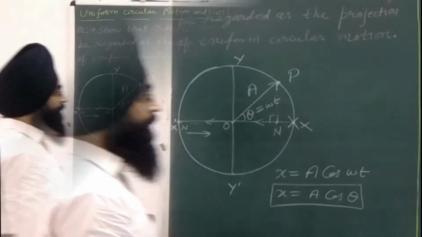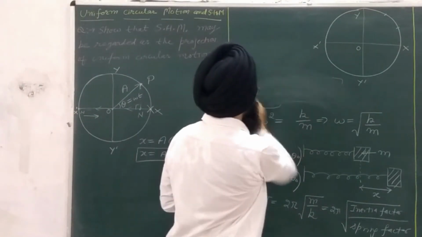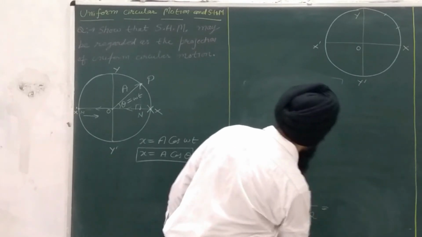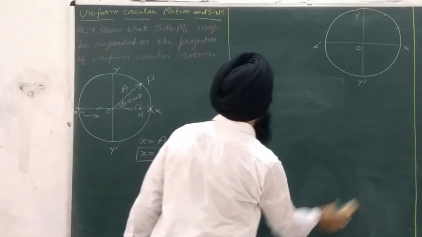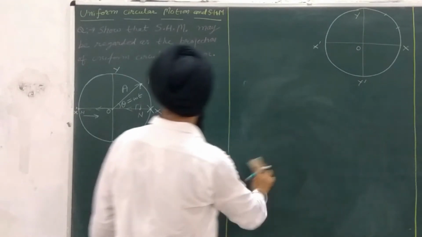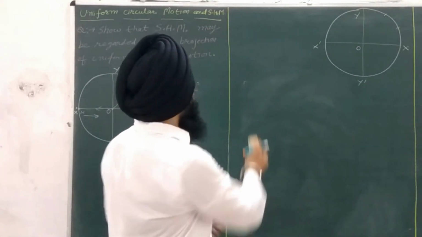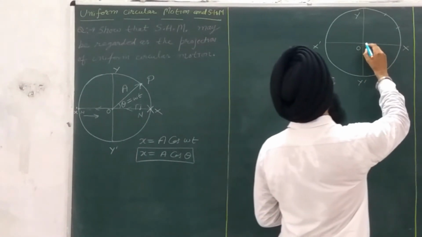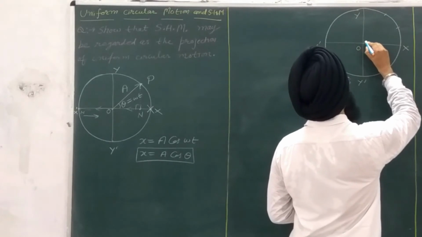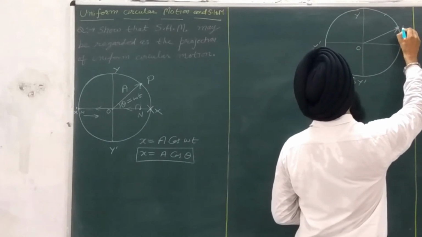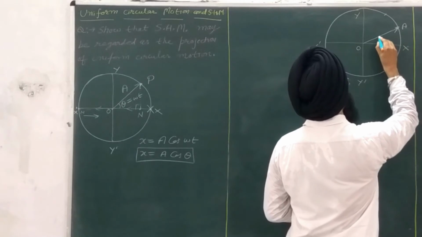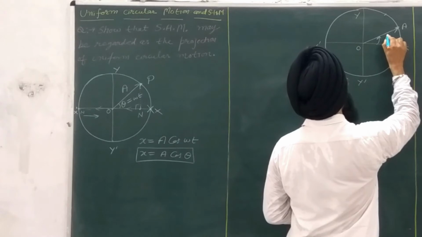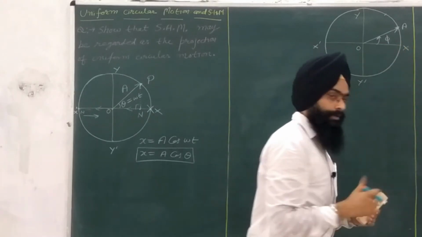So let us discuss here. In this circle, let us discuss that at any instant t is equal to 0, the particle is at point A. So this can be considered as the initial phase of the particle, phi or phi naught.